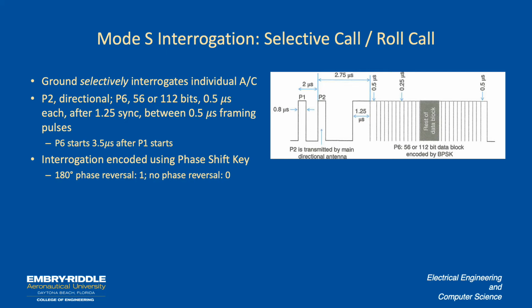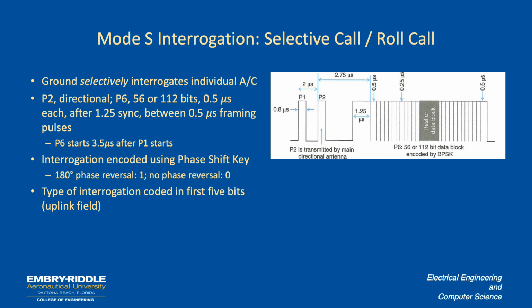So you have this 56 or 112-bit data, the interrogation itself, which is framed by these half microsecond pulses. Again, this is encoded using binary phase shift keying. In this framing, when you have a 1 as your next bit, you do a 180 degree sign change from plus to minus or from minus to plus. When you don't have a phase reversal, then that's a 0.